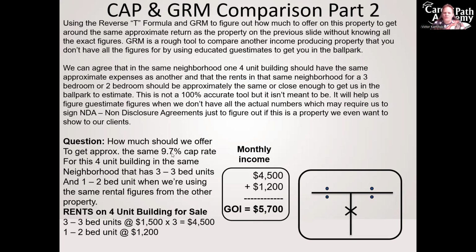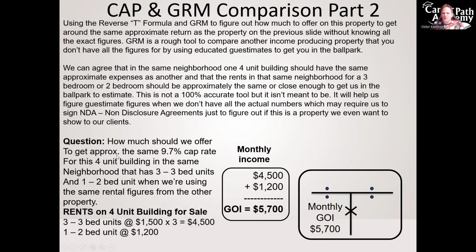Now, the previous property on the previous slide that got us a 9.7% cap, what was that GRM again? What was it, 87 something or 78 something? You guys recall? The GRM was 78.70.